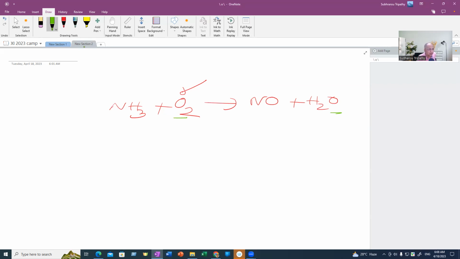With a little bit of practice that I will give you today, you can find out which one is the culprit, the thief. Just like police catch the thief, similarly, you can catch hold of the element which is suffering a change. Nitrogen is another one. So you have to find out the oxidation number of nitrogen here, and then see whether it has increased or decreased.